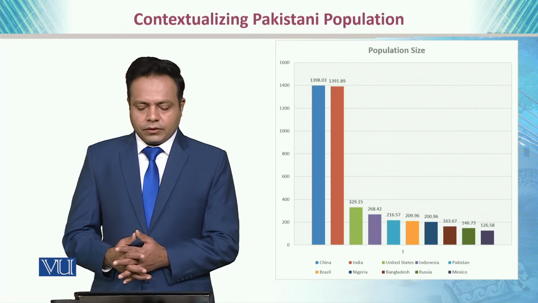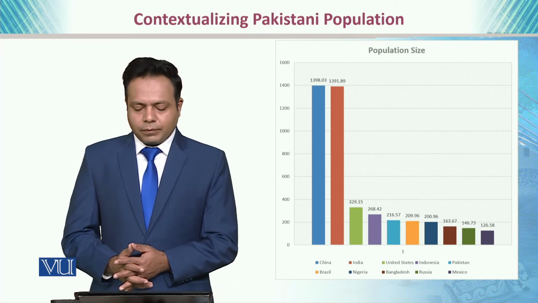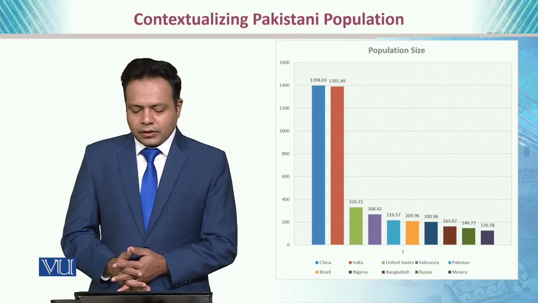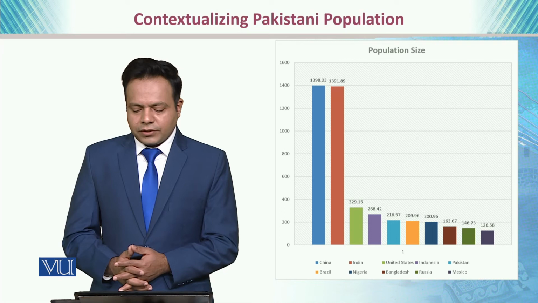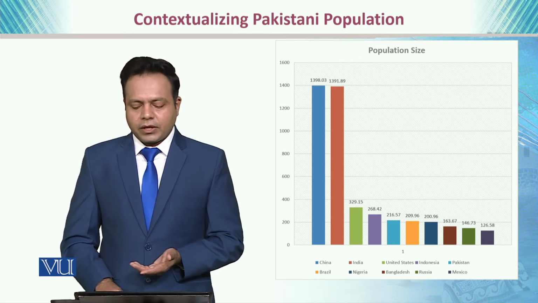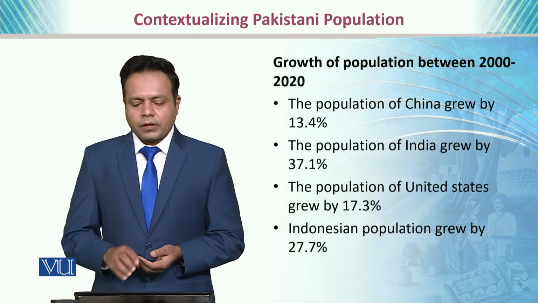You would see the two giants, China and India, are far above the other countries, and in comparison lie the United States, Indonesia, Pakistan, and Brazil, Nigeria, Bangladesh, Russia and Mexico.